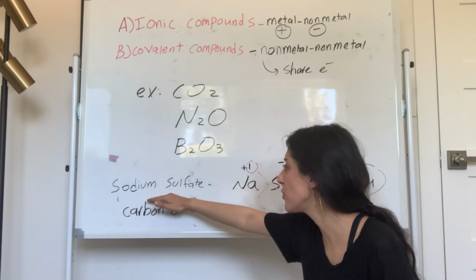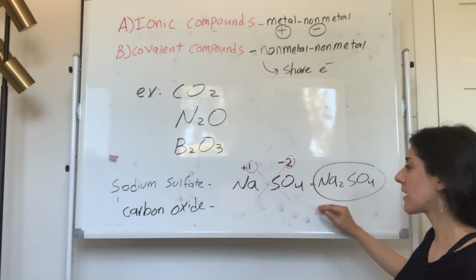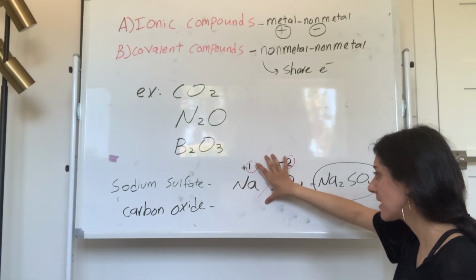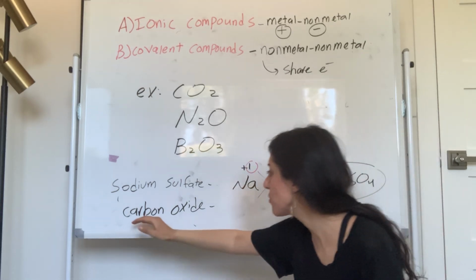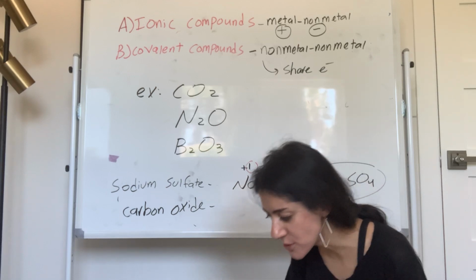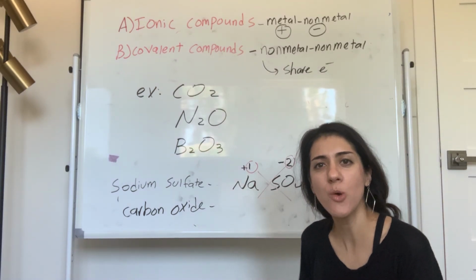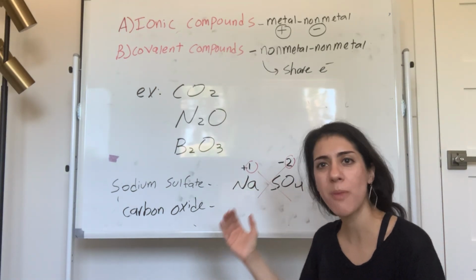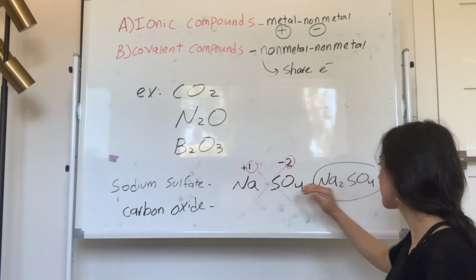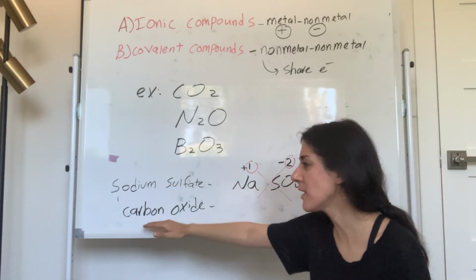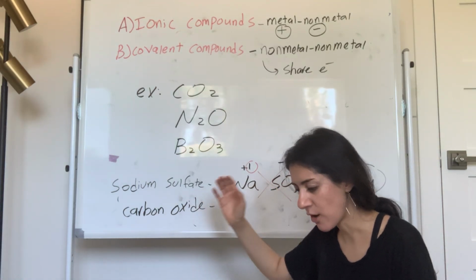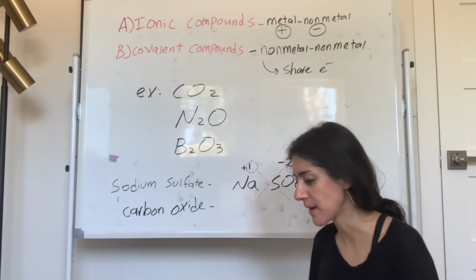When I told you sodium sulfate, you knew it was going to be Na2SO4 because you balanced the charges. Do you guys see what the problem is? For ionic compounds, you balance the charges, it's easy. For covalent compounds, there's no balance of charges. How would I know how many carbon and how many oxygen I need to write for carbon dioxide?